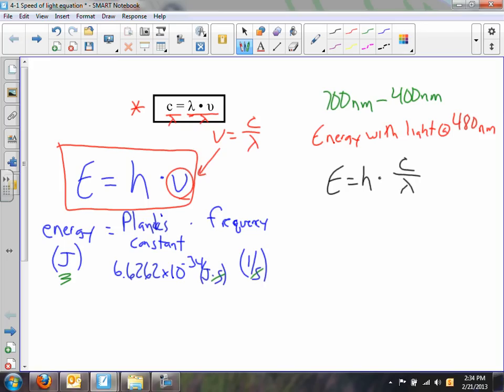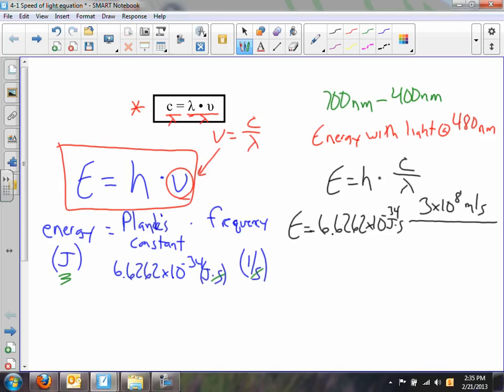And now I have an equation that relates energy to wavelength. So energy is h, Planck's constant, 6.6262 times 10 to the negative 34 joule seconds, times c, which is the speed of light, 3 times 10 to the 8th meters per second, divided by wavelength.